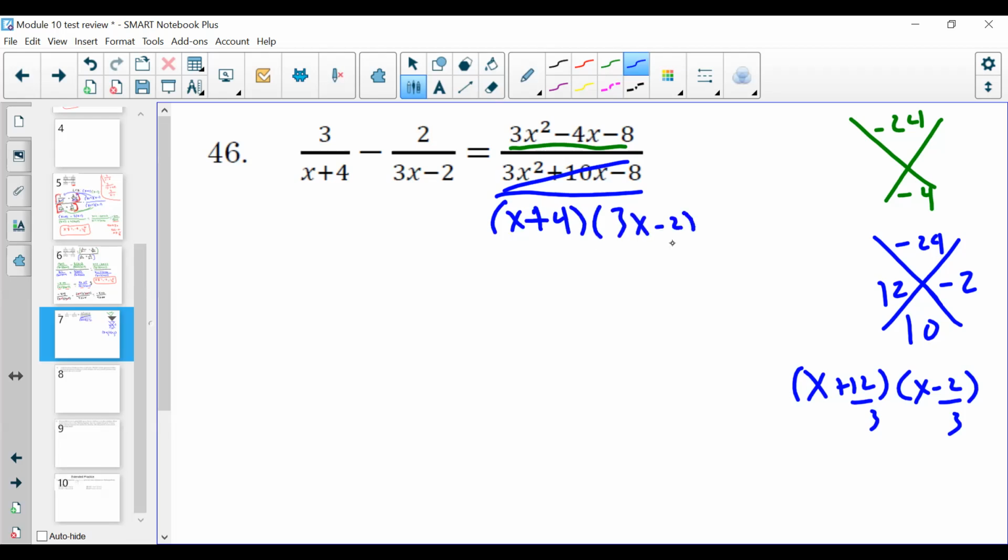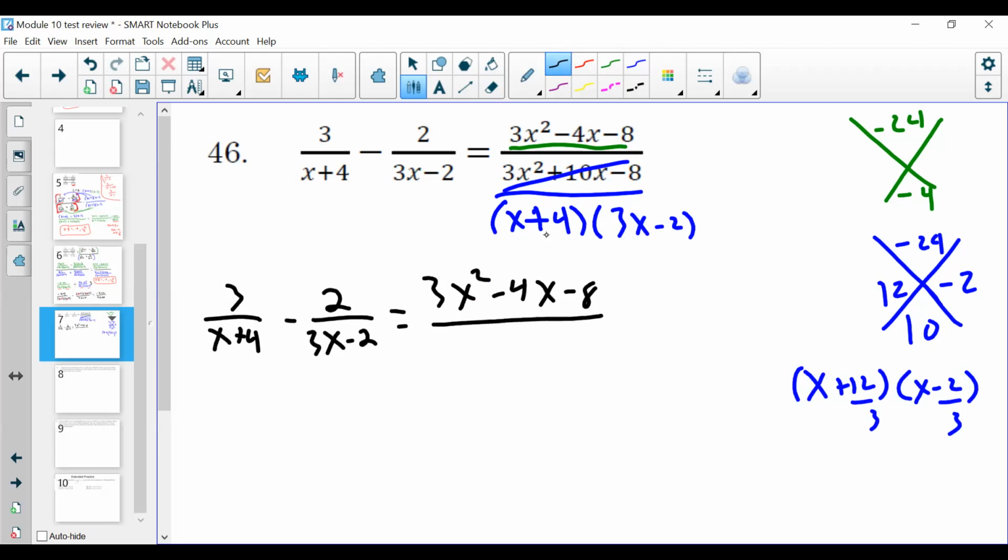And we're going to rewrite that now a little nicer. So what I get is 3 over x plus 4 minus 2 over 3x minus 2 equals the top of 3x squared minus 4x minus 8 all over that factored form of x plus 4, 3x minus 2.